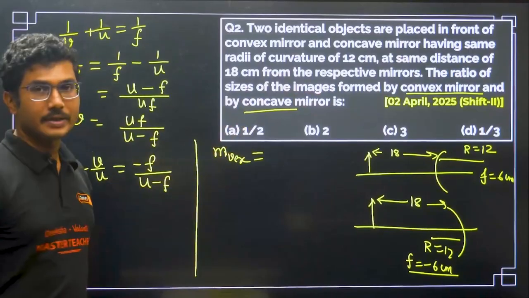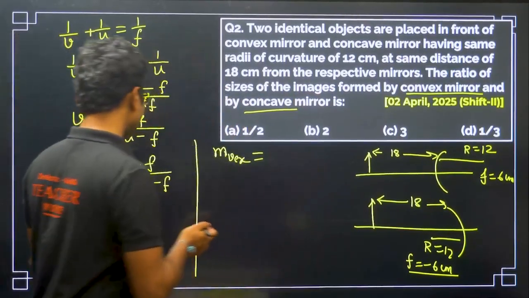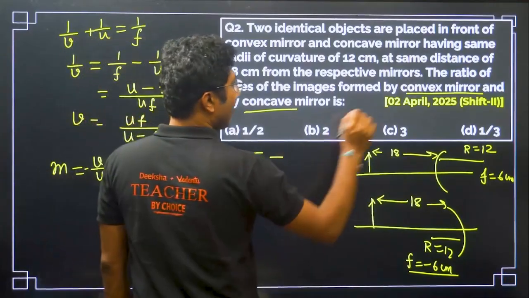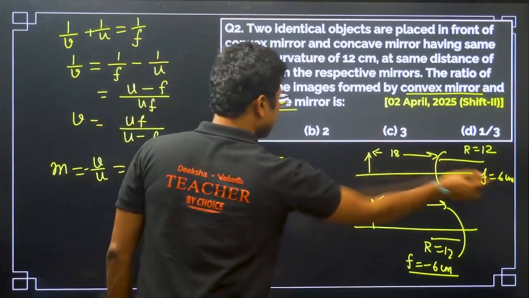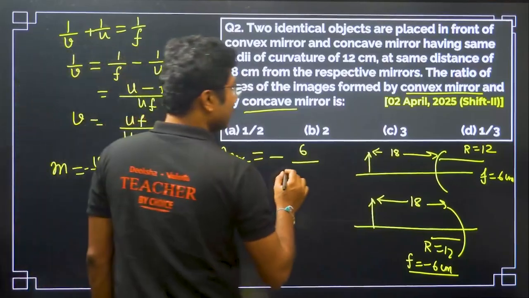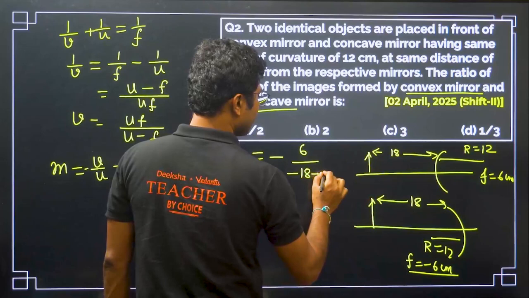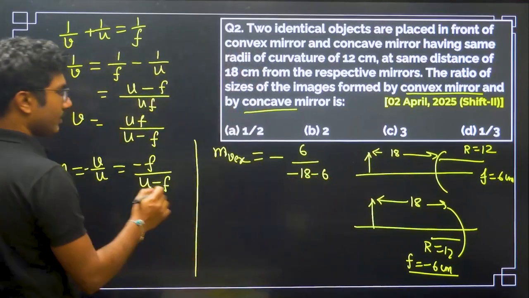So first we will find the magnification due to the convex mirror. The focal length is plus 6, u is minus 18, and this is minus 6. Okay, minus f, so minus 6.